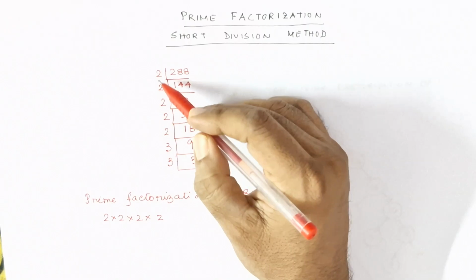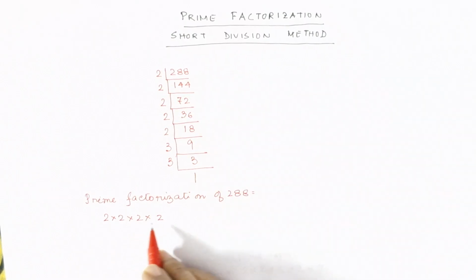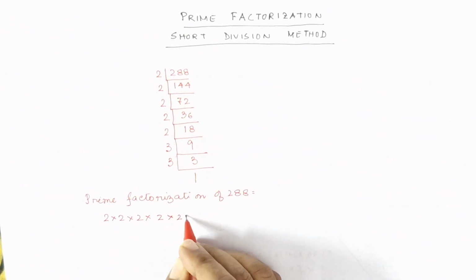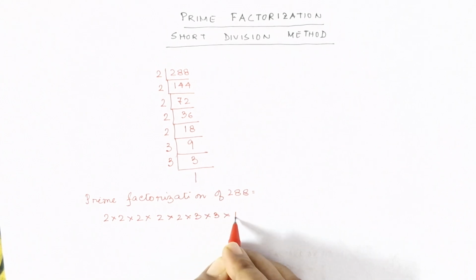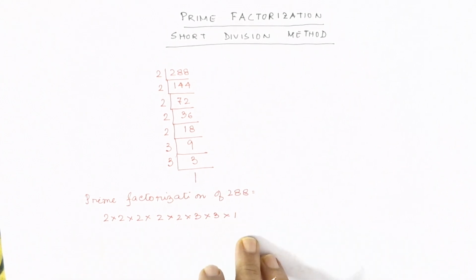So how many 2's are there? 1, 2, 3, 4, 5. So 2 to the power 5 multiplied by 3 multiplied by 3 multiplied by 1. So this is how we find the prime factorization by the short division method.